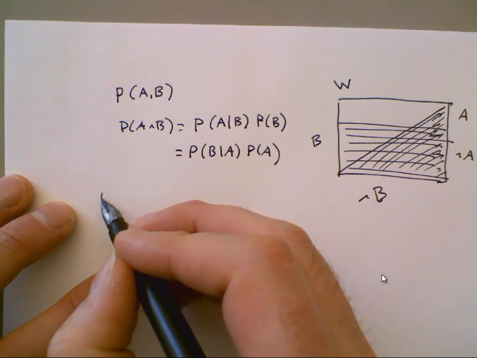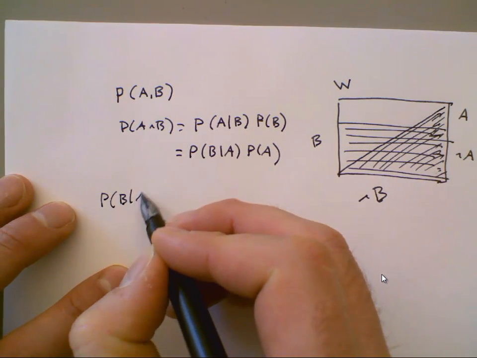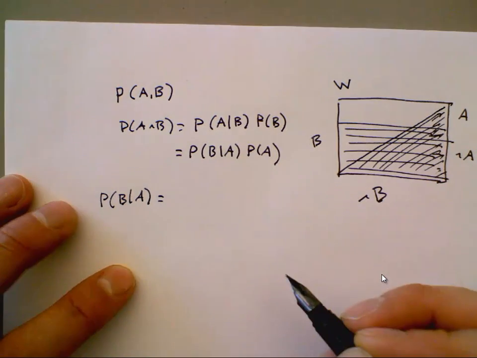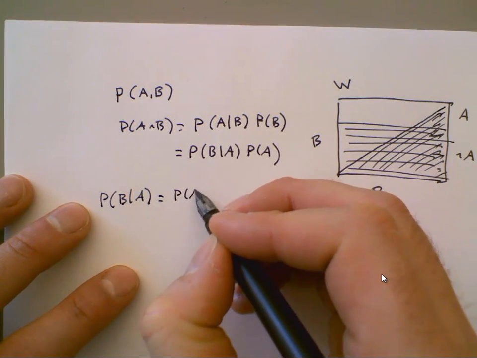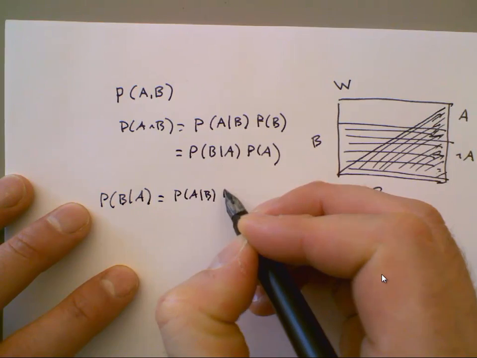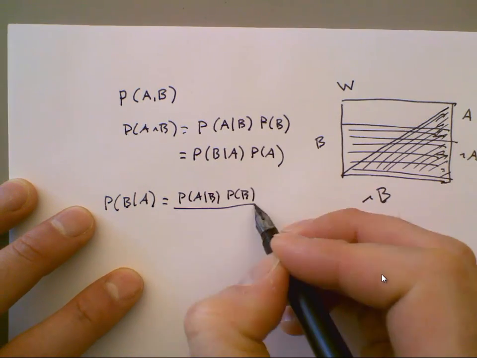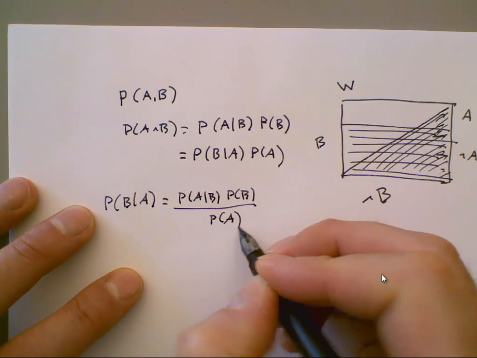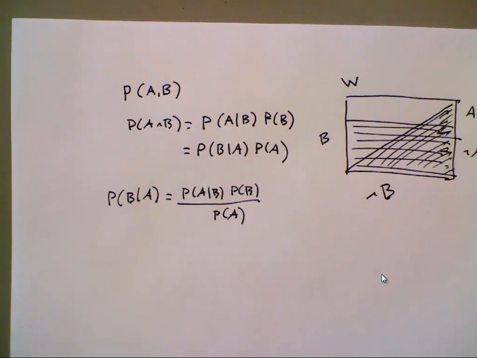So then we can say the probability of B given A is just the probability of A given B times the probability of B divided by the probability of A. And that's Bayes' law. So it's not hard to get it when you need it. If you're bad with memorizing things the way I am, you just derive it straight from conditional probability.